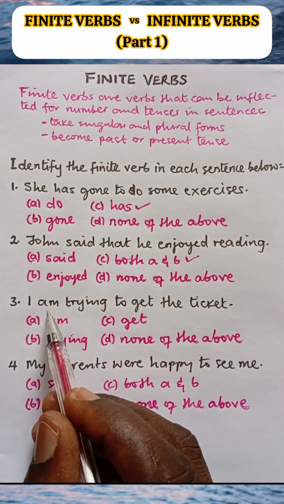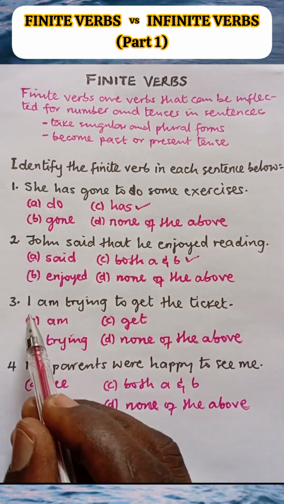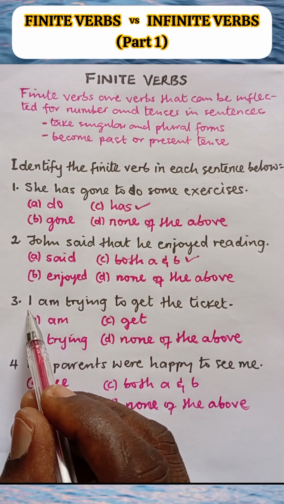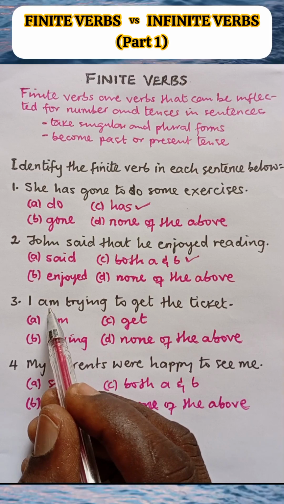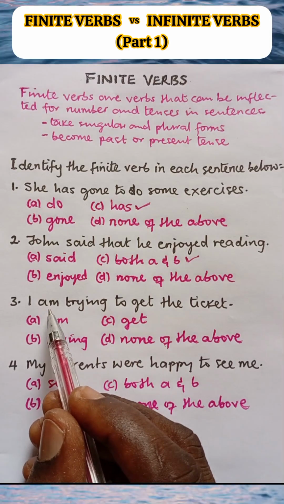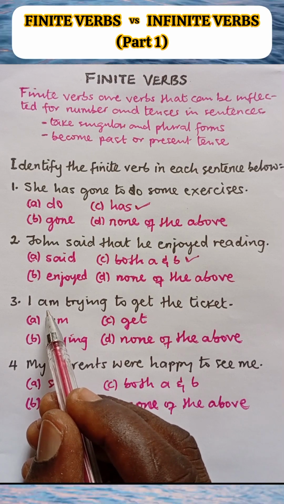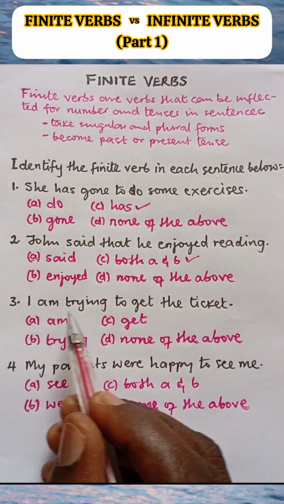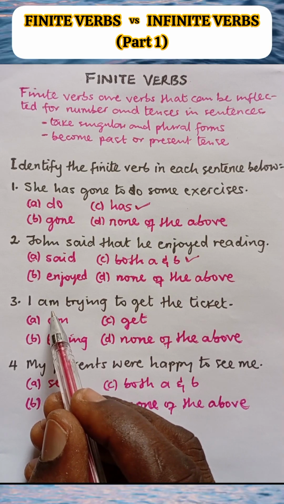Can am be inflected? The answer is yes. I am. If we change the subject to plural, then it will become we are trying. So am will become inflected to are. Am can also be inflected to be in the past tense, so that you have I was trying. Therefore, am is a finite verb in this sentence.